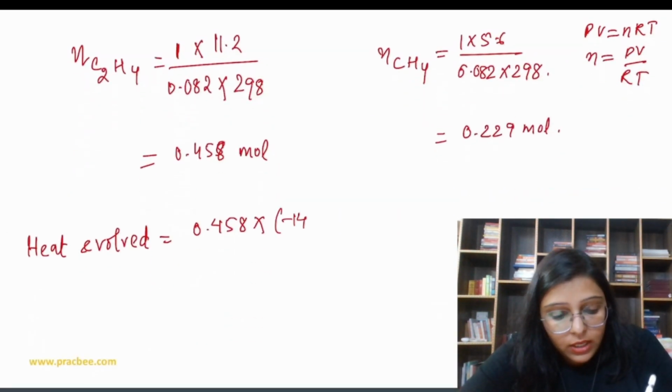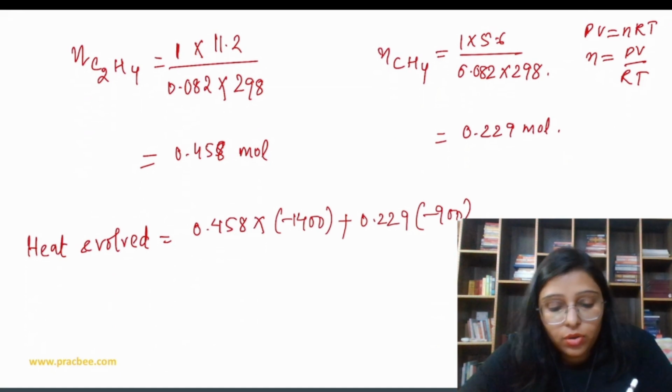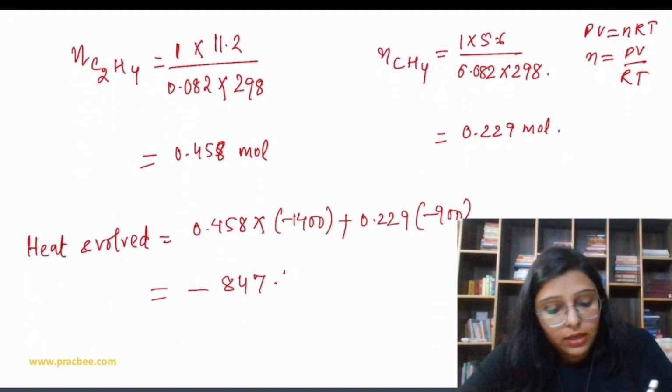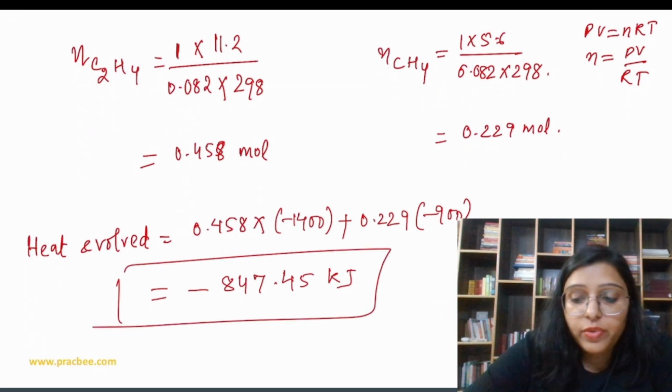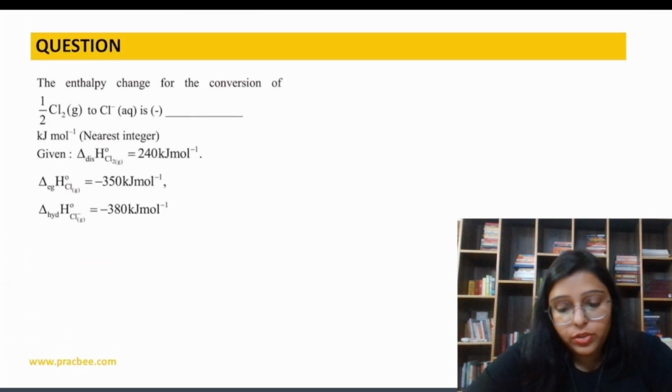So 0.458 into minus 1400 plus 0.229 into minus 900. So on solving you get answer minus 847.9, sorry, not 945 kilojoule. 847.45 kilojoule. Okay, so answer is going to be this one. That's it. Now let's do the next question.